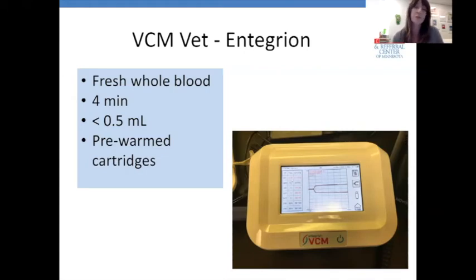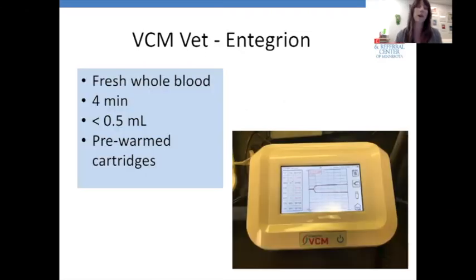This machine requires pre-warmed cartridges just based on how it works and the engineering of this machine itself, but it doesn't take much blood. We typically use less than 1/2 ml in our patients when we use this machine. So it's kind of nice. You don't want to get a lot of blood from a lot of these patients because some of them are bleeding, and you don't want to take more than what you have to typically.